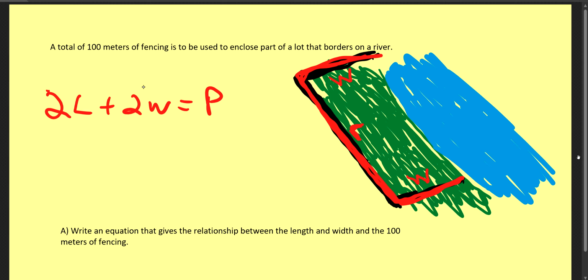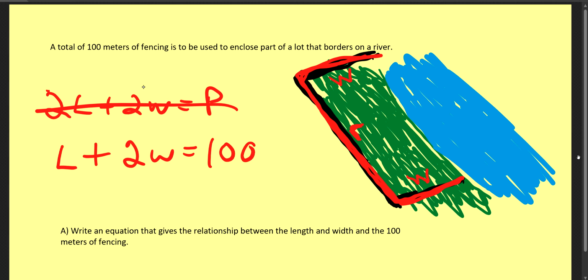In this problem, however, we only have one length. Notice the other length is bordering the river. So I would write, not the top one, L plus 2W. That equals the perimeter, and the perimeter in this case is 100.